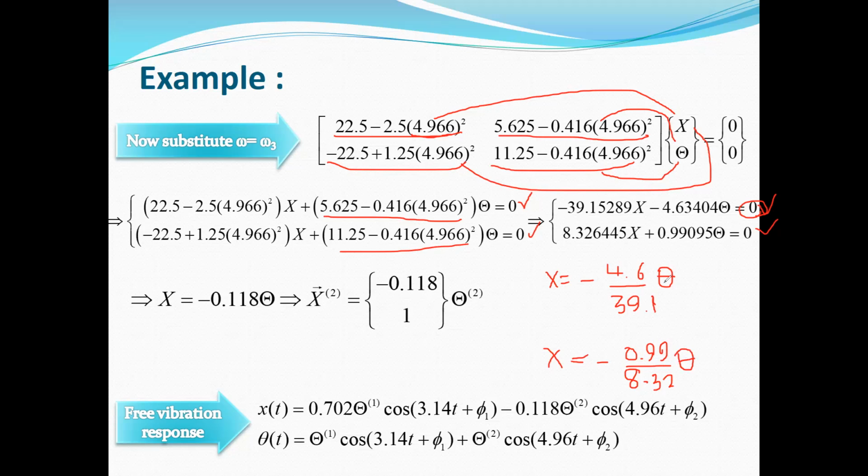Again, if you simplify these two coefficients, both of them are equal to minus 0.118. So from the second natural frequency, we can conclude that X is equal to minus 0.118 times theta.